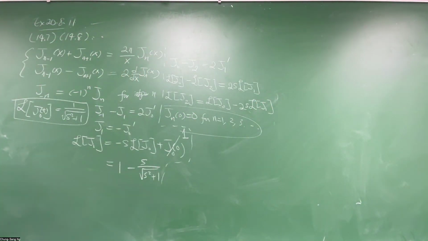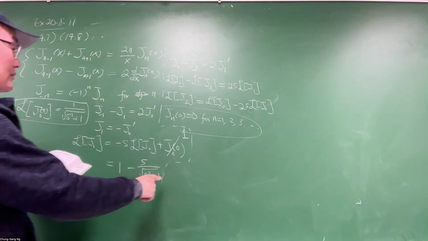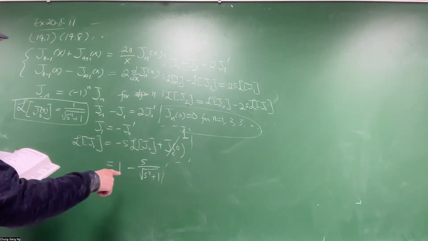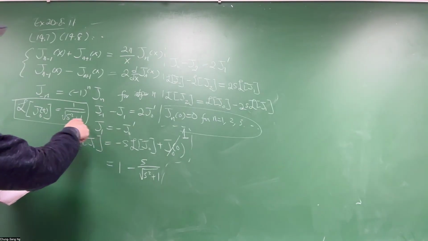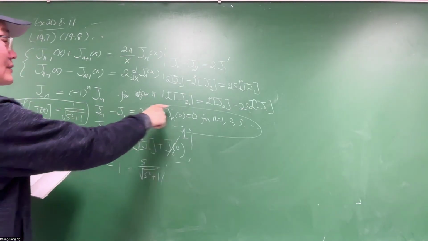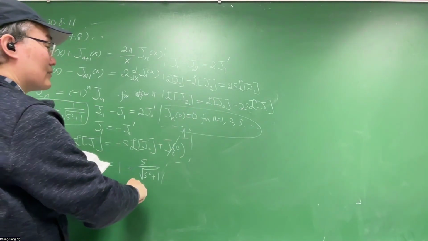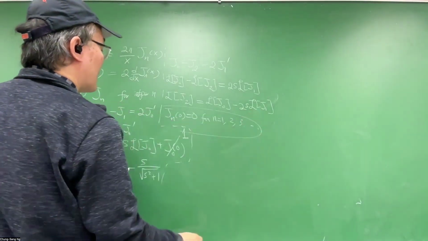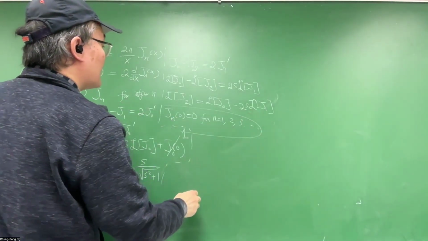Okay, so you found this, and obviously you can substitute the J sub 0 and J sub 1 into here.